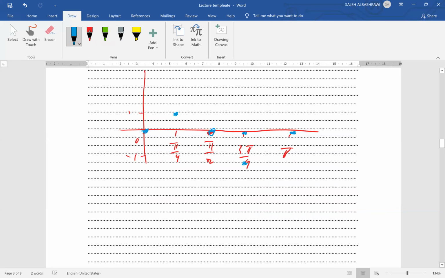So the graph is this one. So this is the graph of the function y equal to sine of 2x. You can see the period is 1 pi. Amplitude is 1.